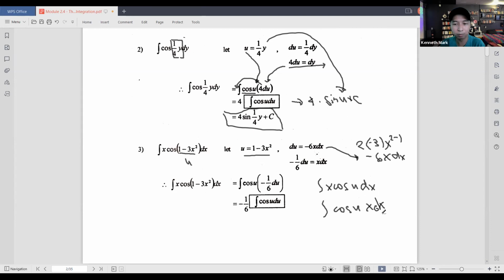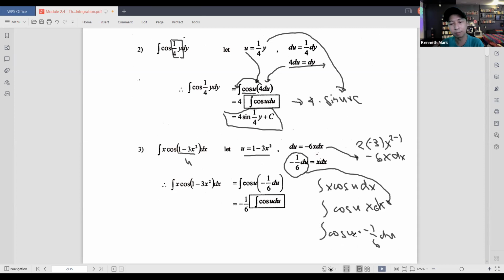So, kunin natin yung value ng x dx dito. So, ito siya. Para yung equation natin, mapalitan tayo ng variable na u. Lipat natin siya dito. So, therefore, your new equation now will be the integral of cosine u times negative 1/6 du. So, ito na yung substitution.